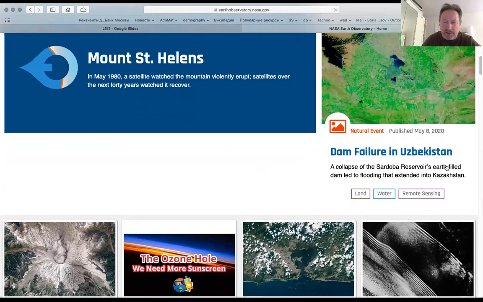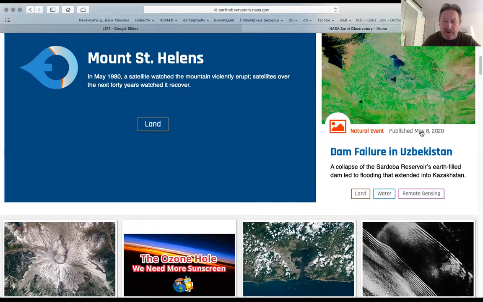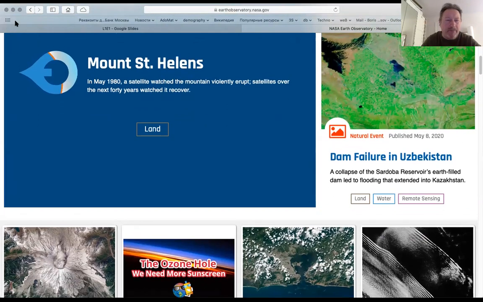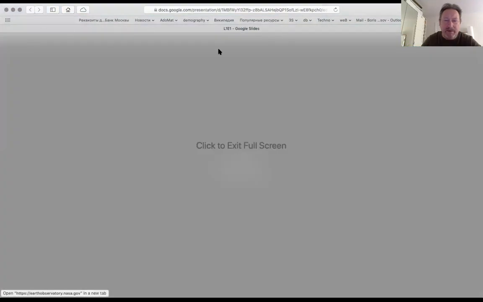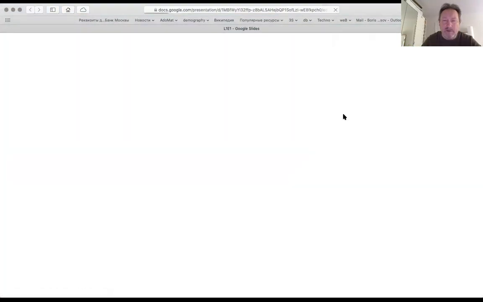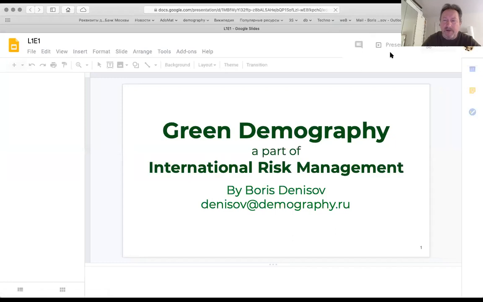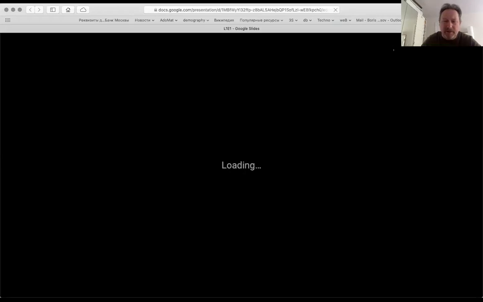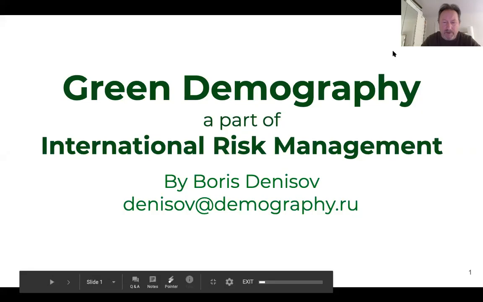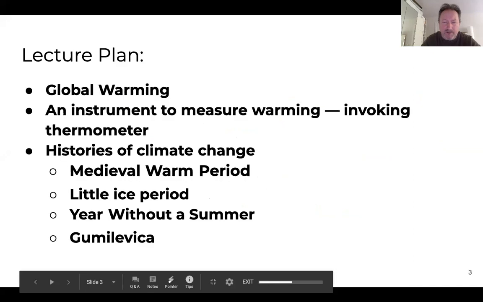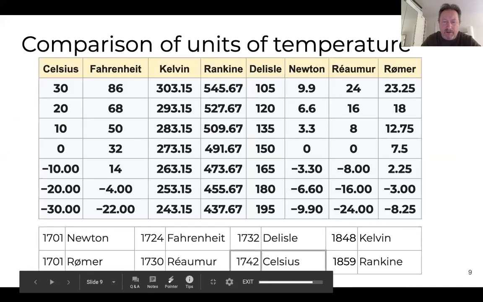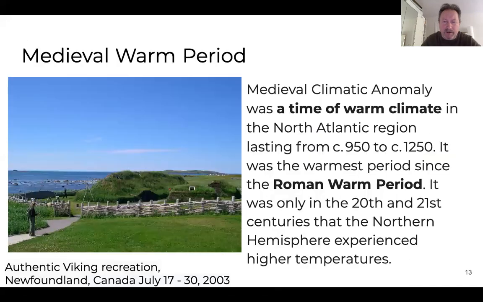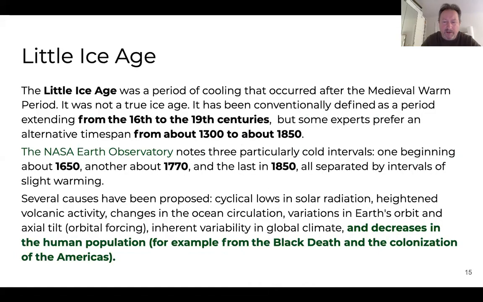This we'll see later, this dam failure in Uzbekistan. Reload again.